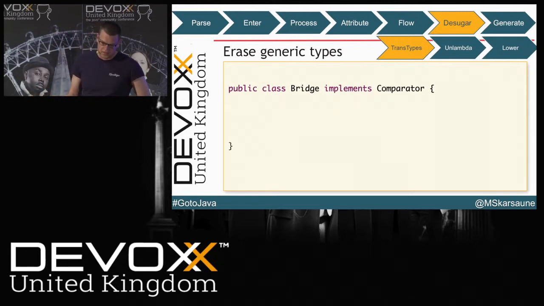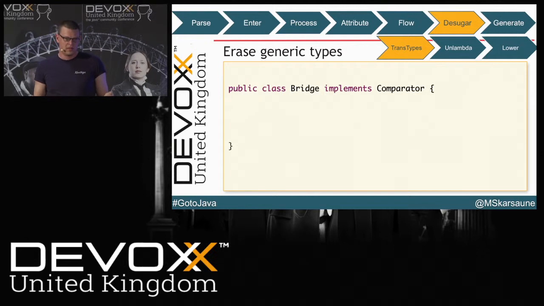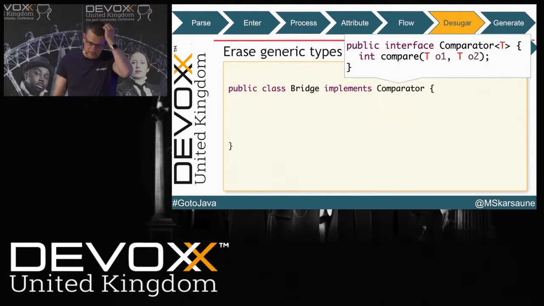So, for instance, when generics came, it was decided that generics should be backwards compatible, so that at runtime, generics don't really have any effect on the VM, but it should be checked at compilation time. So, for instance, the Comparator interface was then made a generic interface with a type parameter.